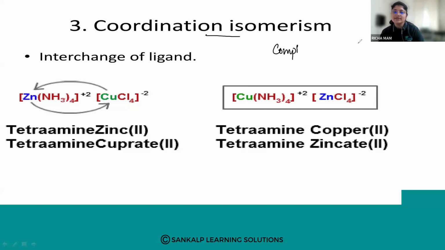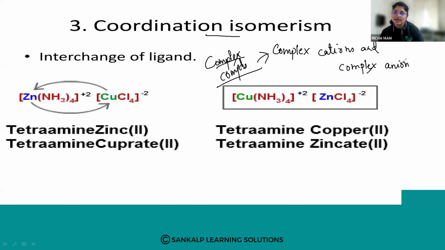So this occurs in complexes having complex cations and complex anions also. Fine. So it arises due to the interchange of ligands.